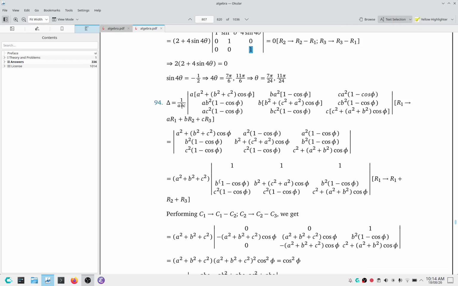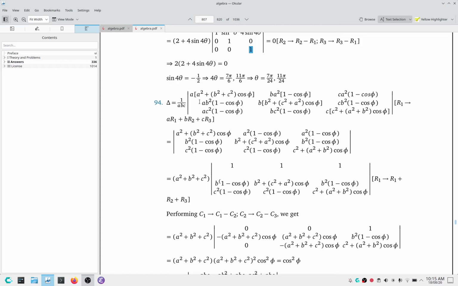So what we do is we multiply the first row with a, the second row with b, and the third row with c. And then we do R1 is equal to a R1 plus b R2 plus c R3.